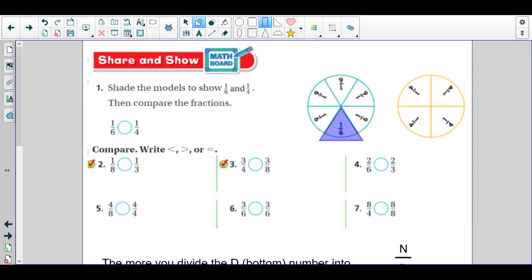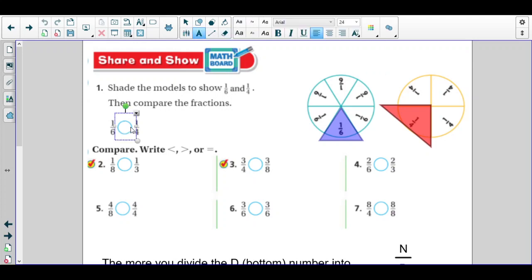So let me get that shaded in. Again, it's a little bit easier to get shaded in when I'm doing the triangles here, but we are easily able to see that the 1/6 is less than 1/4. Okay, we divided it into more pieces, so there's going to be less for everyone else.